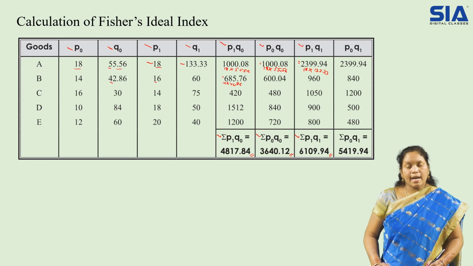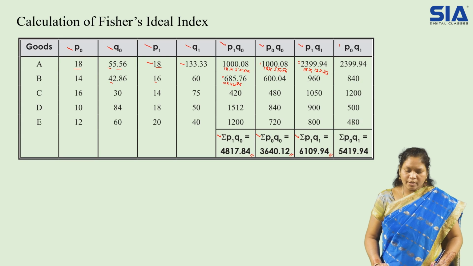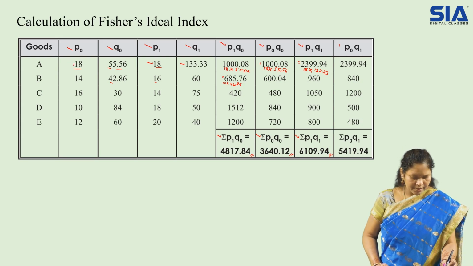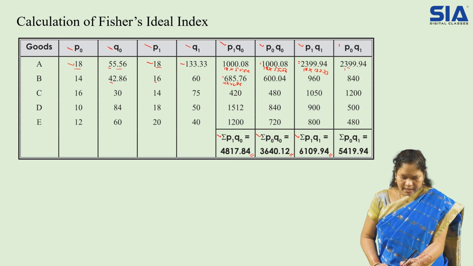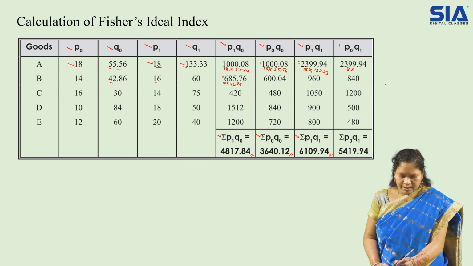Now go for the last column, that is your P0 Q1. So P0 value you have to multiply with Q1 value. So first value, let us check it out. First value I have 18 in P0. So 18 into Q1 I have 133.33.